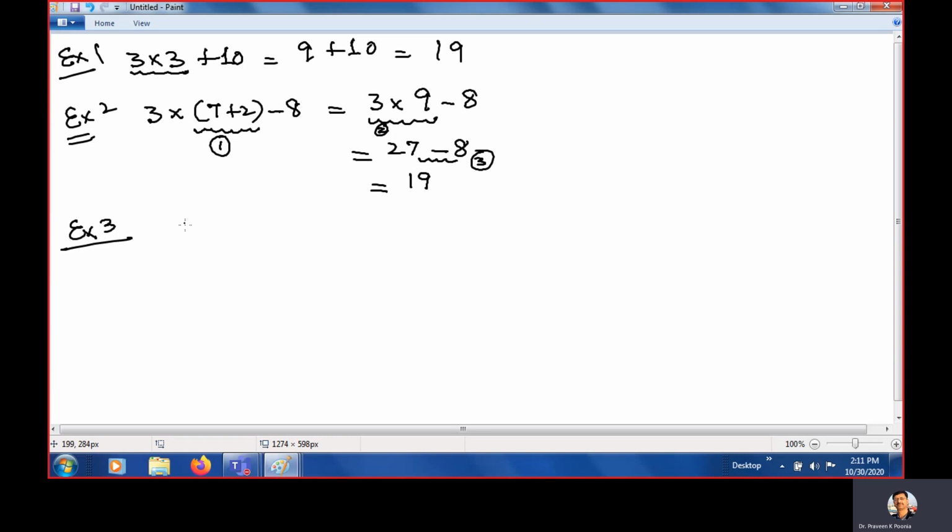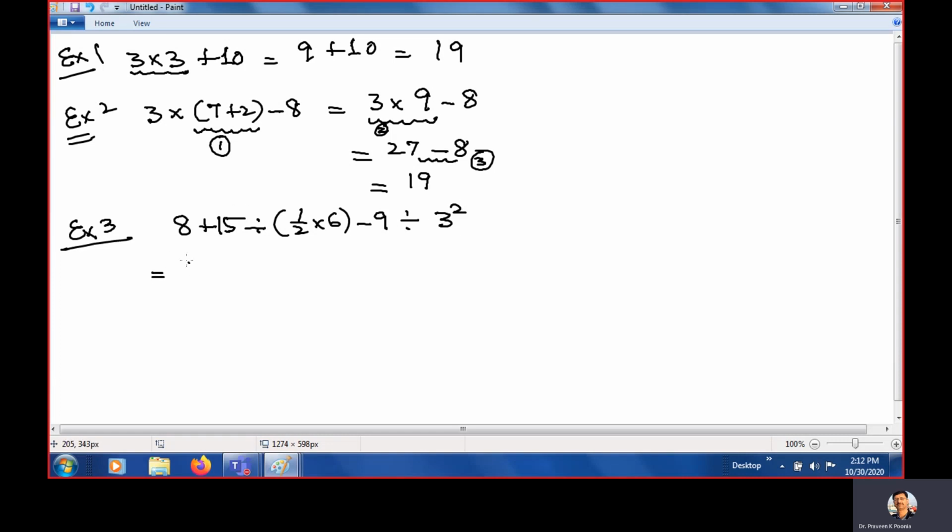What is the third one? 8 plus 15 divide, there is a bracket, 1 by 2 times 6, minus 9 divide 3 power 2. What is the value? Clear?